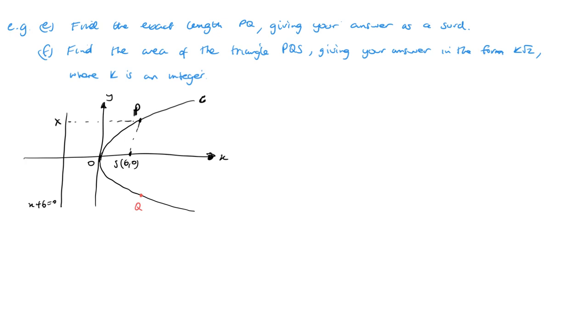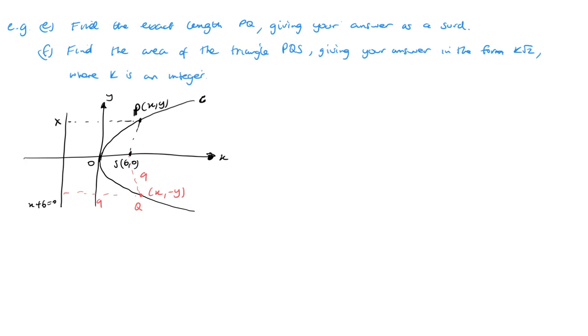So Q would have to be basically symmetrical, so straight underneath P, for this distance and this distance to both be 9. So Q would have basically the same x and a minus y for its coordinates, whereas P would be our x and y.